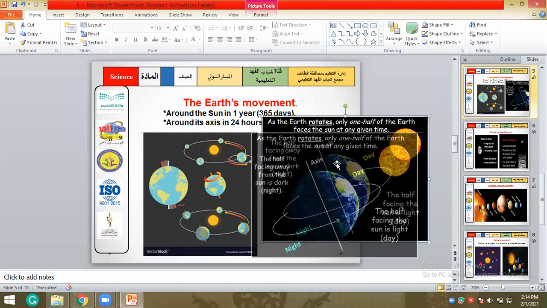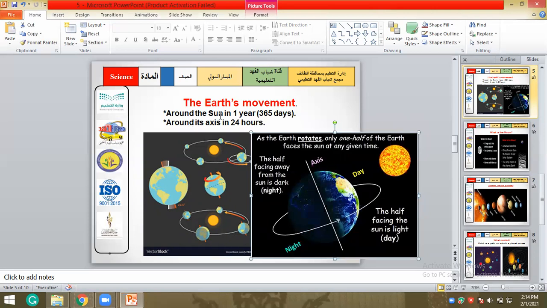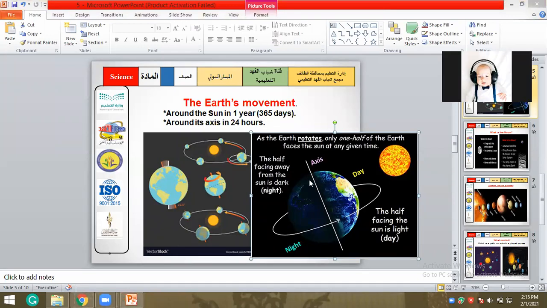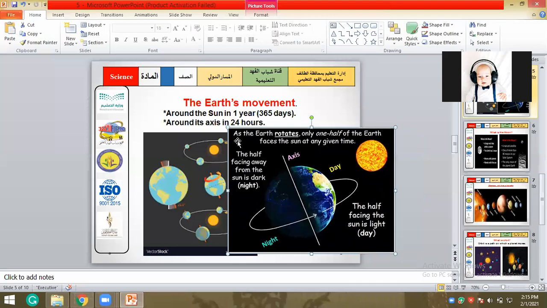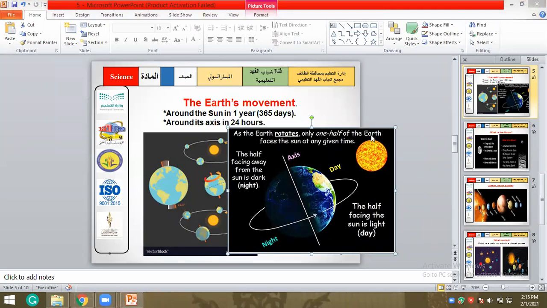First, around the sun, it completes its circle in 1 year, like 365 days. The other is around its axis, which it completes in 24 hours. Yani 24 saa. As the earth rotates, only one half of the earth faces the sun at any given time.